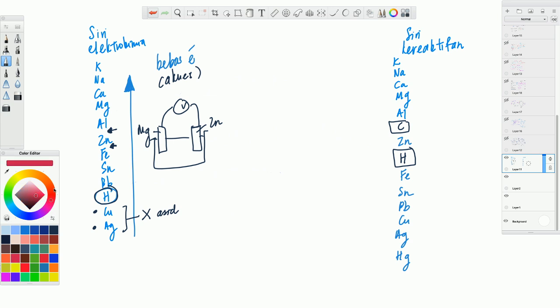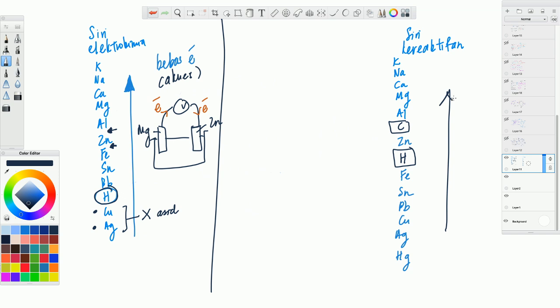So, magnesium bebas elektron. Di sini, zinc menjadi terminal untuk terima elektron. So, biasanya apabila kita bincang tentang siri elektrokimia, kita bincang tentang reaksinya di dalam larutan aqueous. Siapa bebas elektron, siapa terima elektron. Yang ini yang ada karbon dan hidrogen, beza sikit sebab kita bincang tentang siapa boleh dapat oksigen dulu.